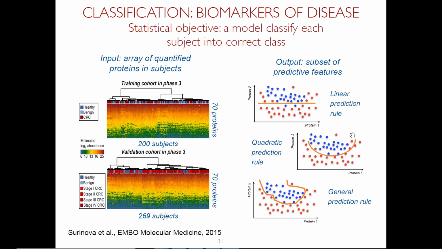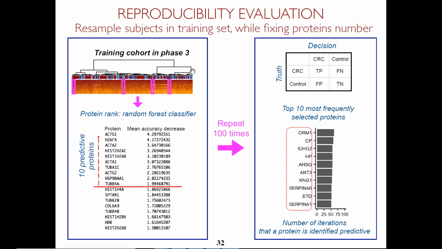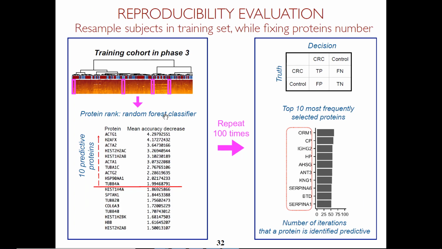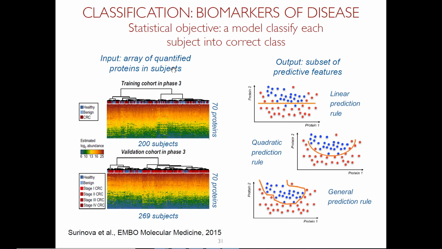So this is our data matrix from the training set. This is the work of Ting Huang, a PhD student in my group. She said, can I pretend that I repeat the study but with a smaller sample size? Let me sample randomly some number of subjects and develop this classification rule from a smaller number of subjects.